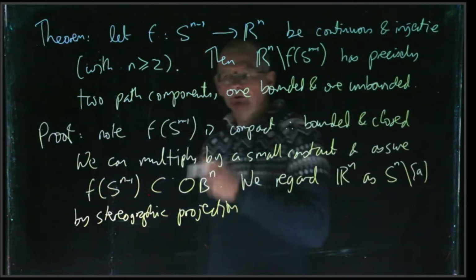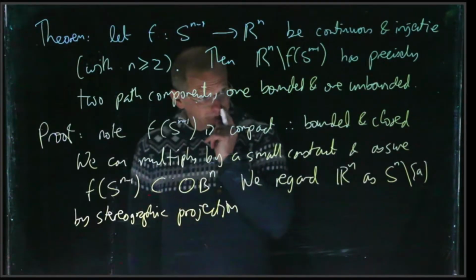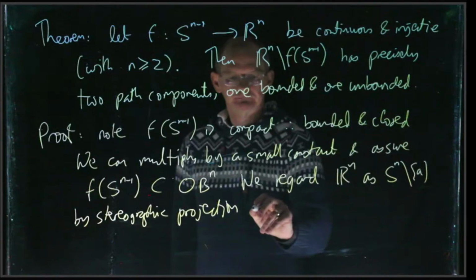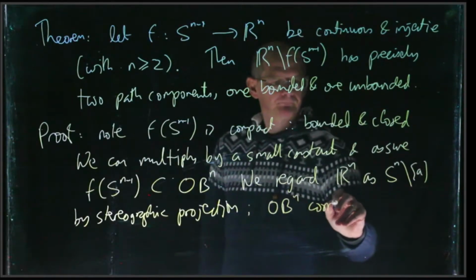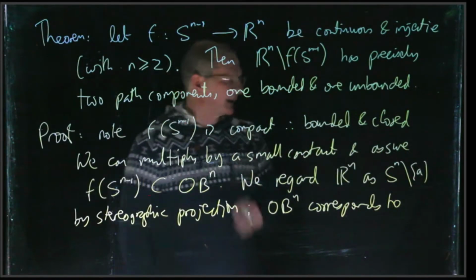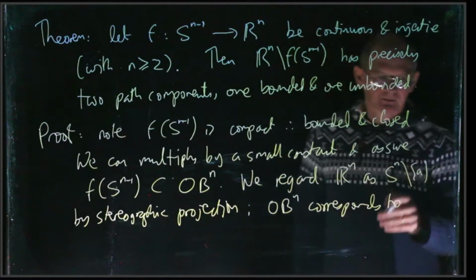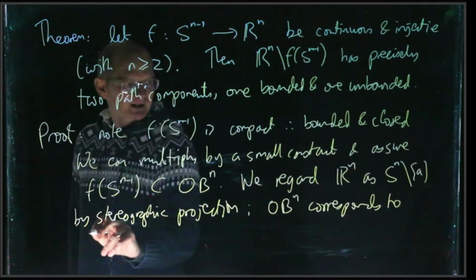And if you look at the formulae for stereographic projection, the way this works, then this open ball corresponds, where you think of a as being the North Pole, say, to the bottom hemisphere.